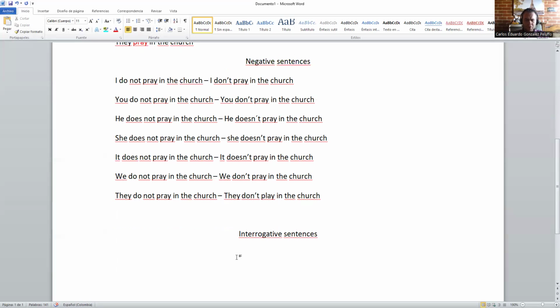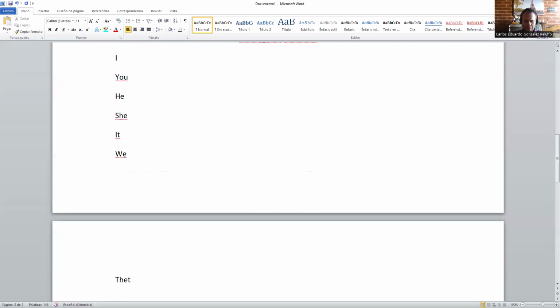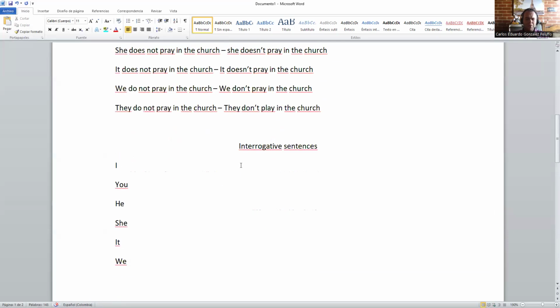First the auxiliary, with I, you, he, she, it, we, and they. In this case, let's change the order: first auxiliary, then subject. Do I pray in the church?